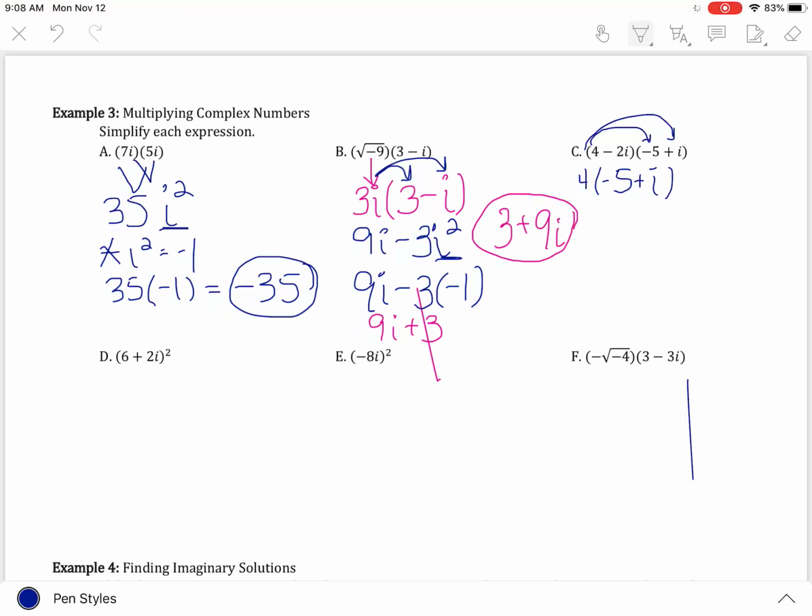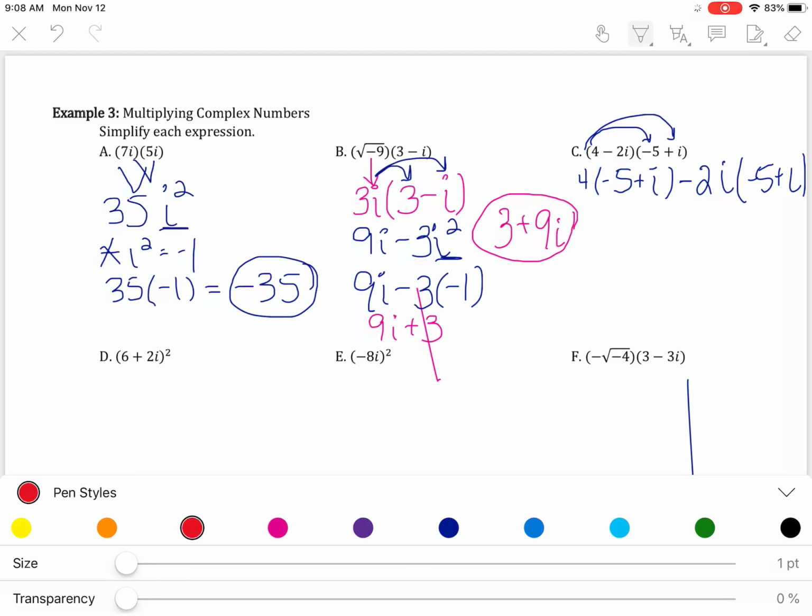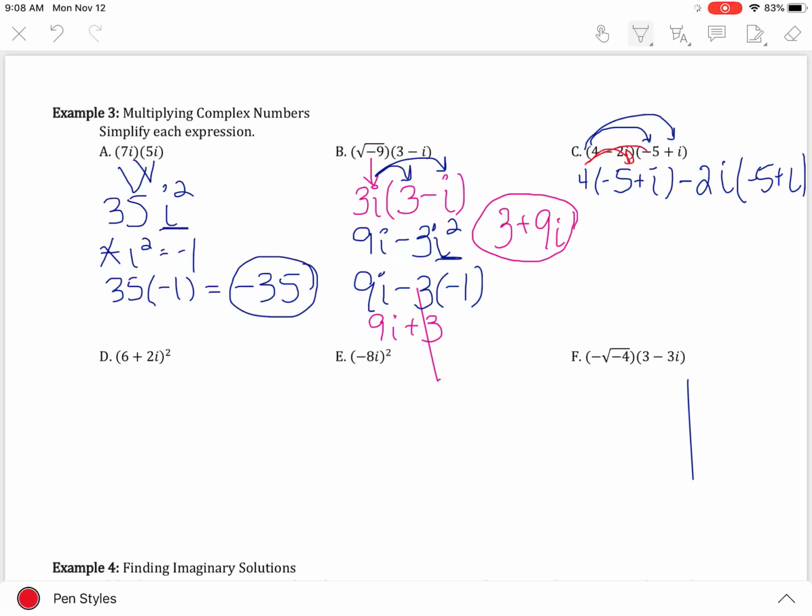Then I'm going to do the exact same thing with the negative 2i times the negative 5 plus i. If you are using the distributive property correctly, you would distribute these out and get a negative 20 plus 4i. Distribute again, get a positive 10i minus 2i squared.